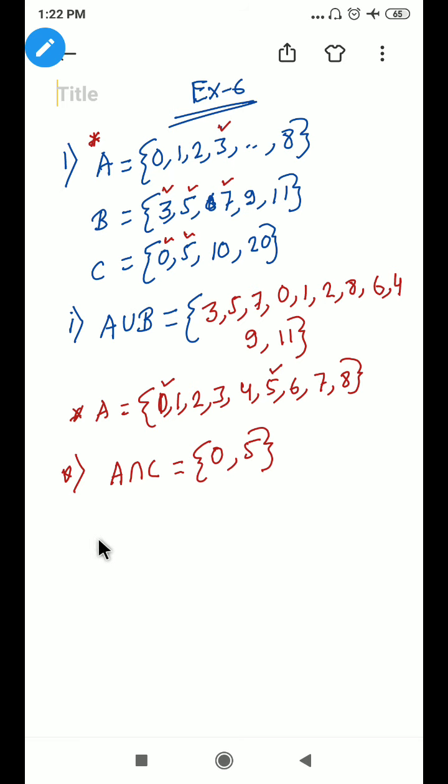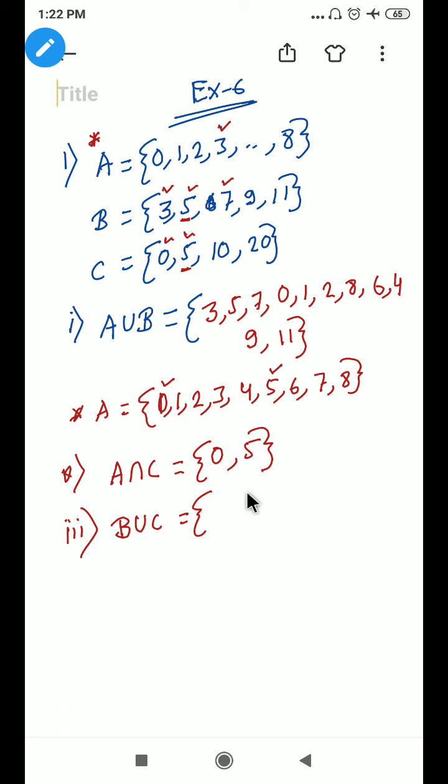So let's see another example, question number 3. You have to find here B union C. So how to find B union C? Firstly, write those elements which are common in B and C. 5 is present here, 5 is also present here, and nothing else is common.